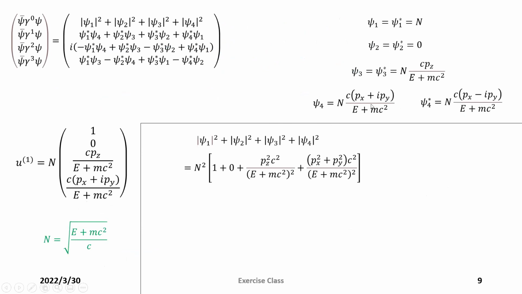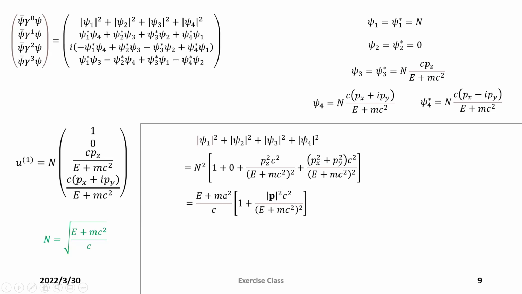And for psi 4, these two conjugates, when they multiply together, will give px squared plus py squared. Right? And then you can see that this is just the total momentum squared.